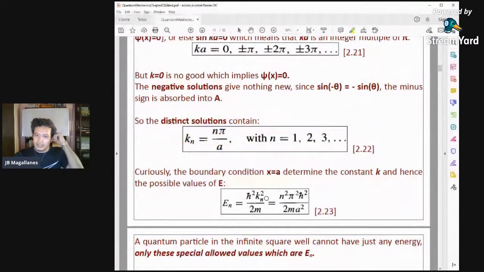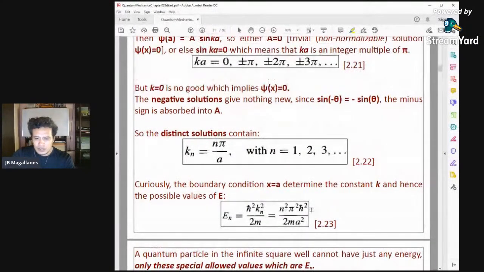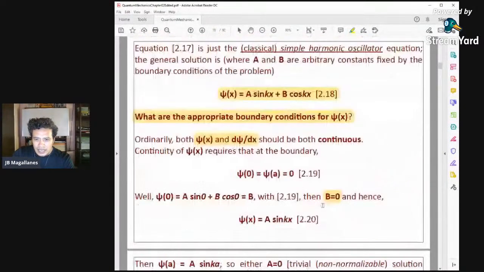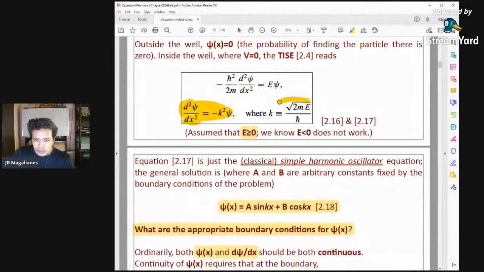So what does this mean? So E, as we can check here, is just equal to h bar squared k squared over 2m. But k is equal to n pi over a.